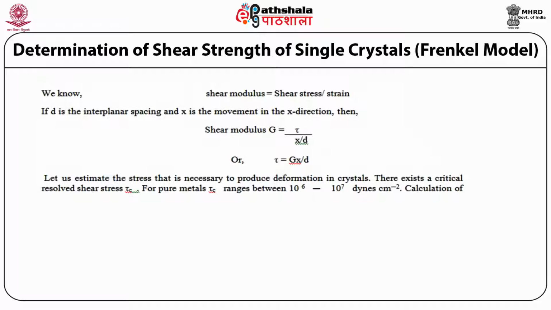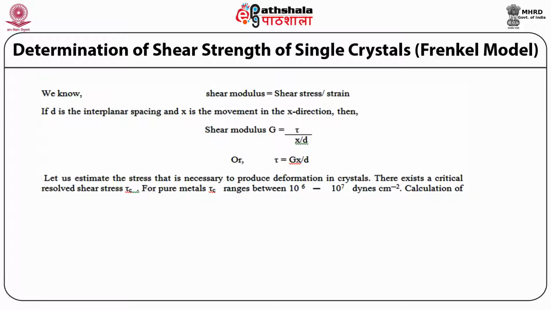We know shear modulus is equal to shear stress divided by strain. If small d is the interplanar spacing and x is the movement in the x direction, then shear modulus G is equal to tau upon x by d, or we can say tau is equal to Gx upon d.